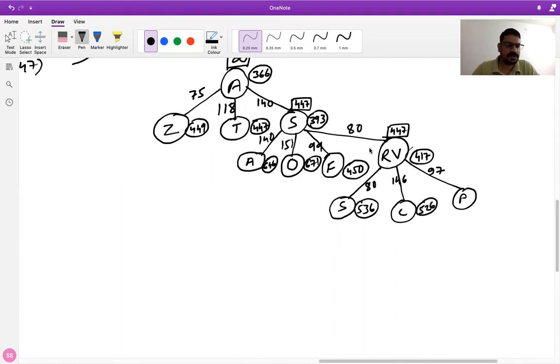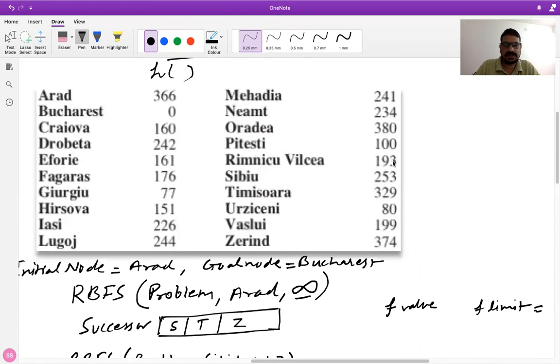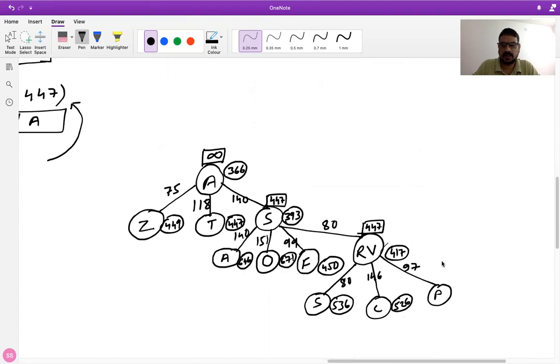Then again we'll calculate 220 plus 97 plus the heuristic value. What is the heuristic value for Pitesti? It is 100. It is 417. 417 and 417. Whichever is greater? Both are the same, right?